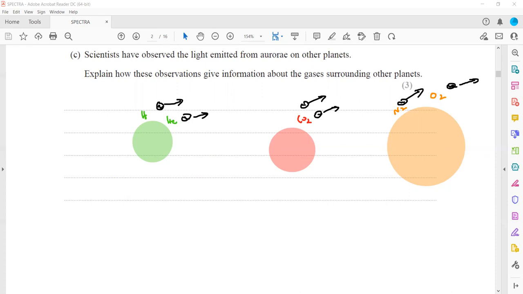So how does this information give the composition of the atmosphere? Each element, each gas, has a unique energy level, and using the energy or the frequency emitted from these gases, we can identify the element or gas that is present, and using that we can identify the composition.